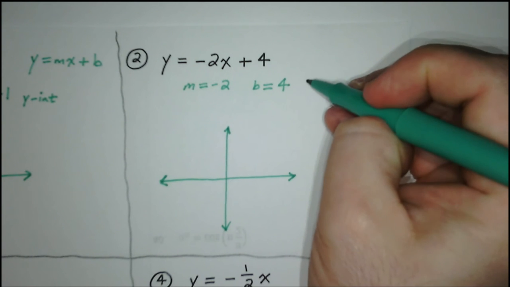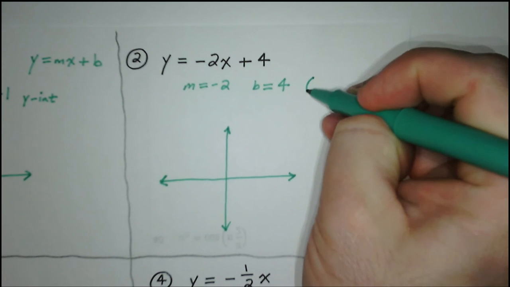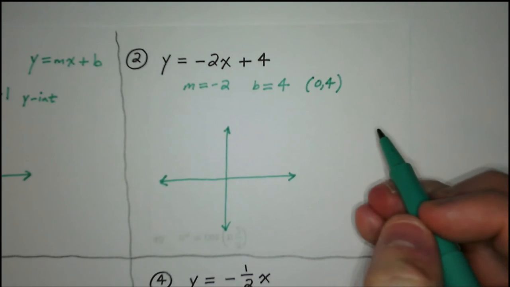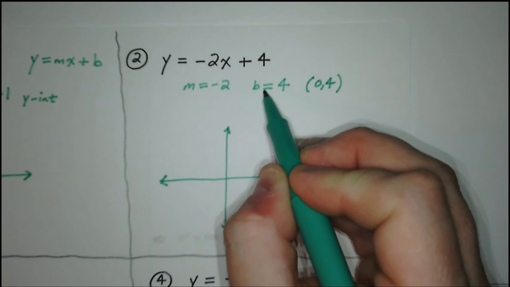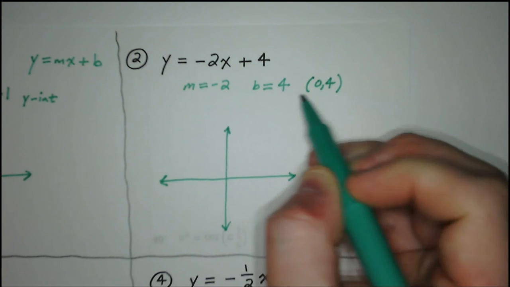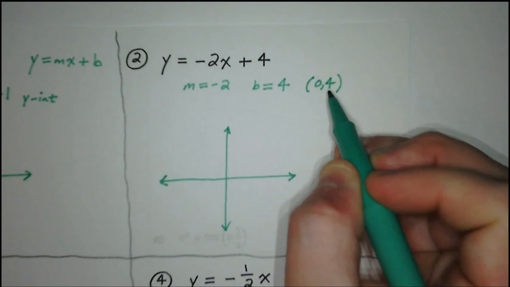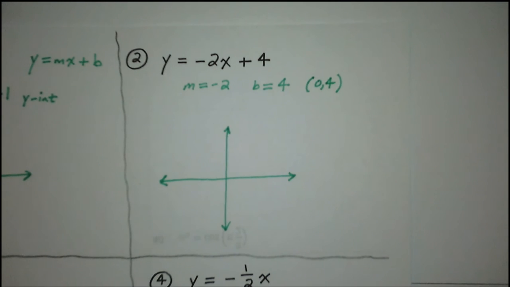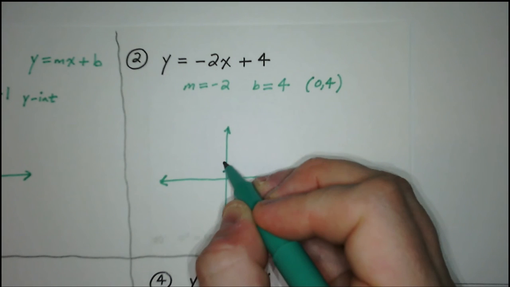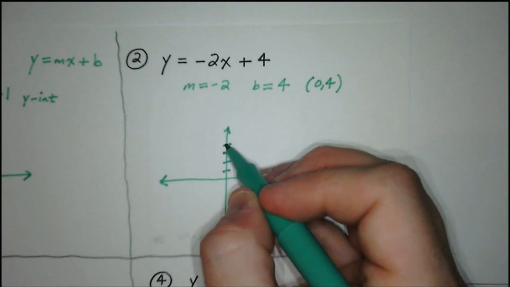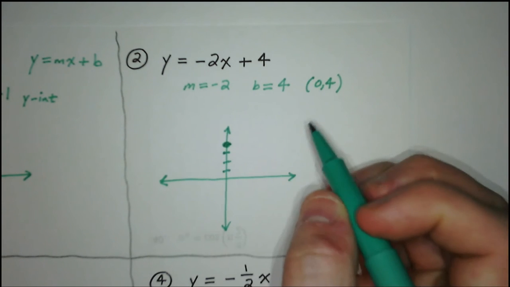You don't have to say this, but you might as well say 0, 4. Like saying that b equals 4 or that your y-intercept is 4, you might as well say the full coordinates are 0, 4 because you're just going on your y-axis to 4. All right?